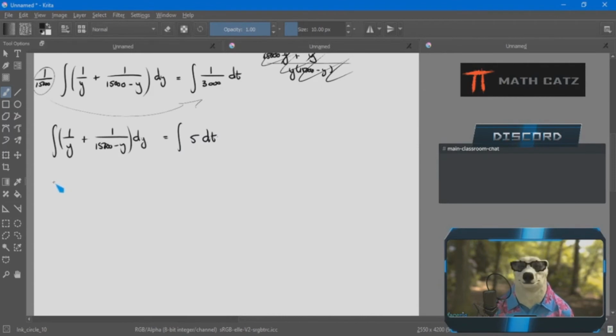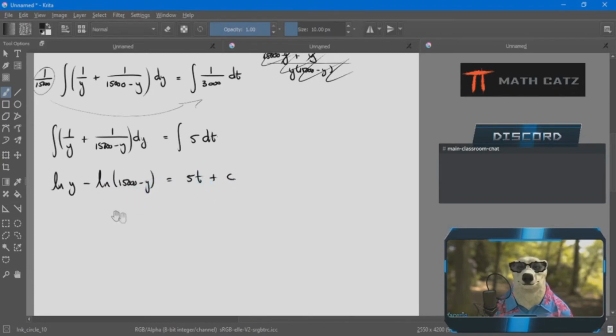Now I have my natural log of y for the antiderivative of this first 1 over y. I have my negative natural log of 15,000 minus y for this one. And I have 5t plus my integration constant.